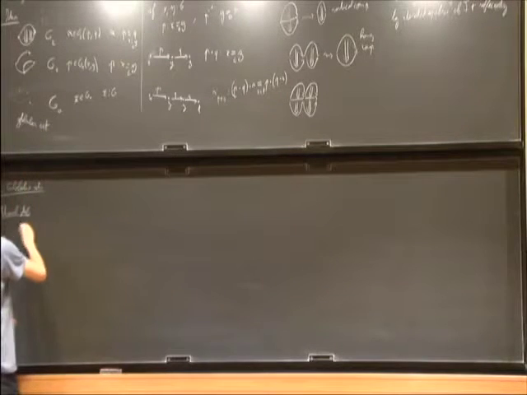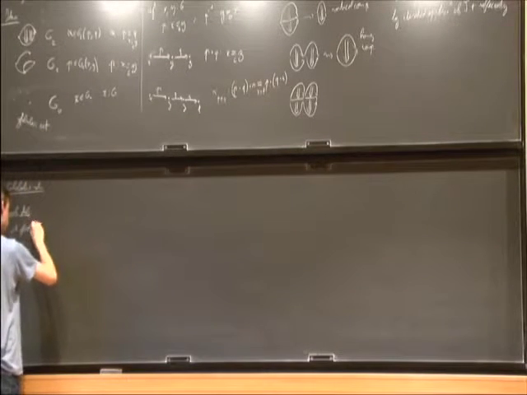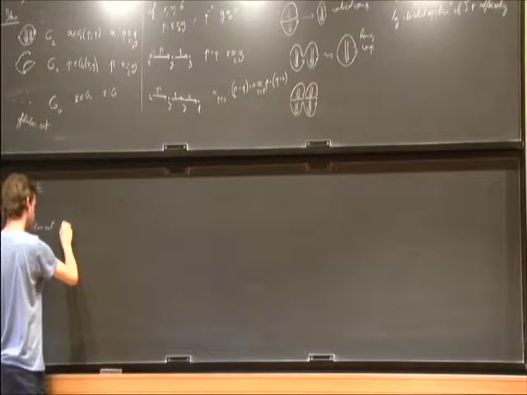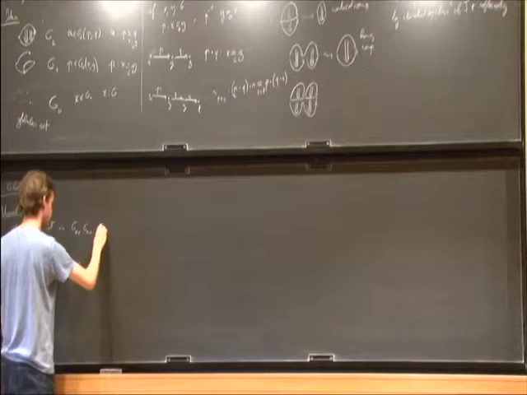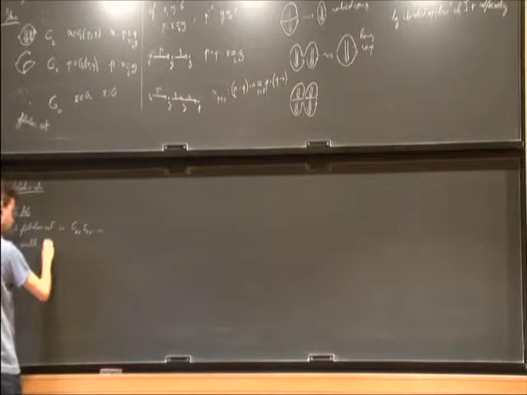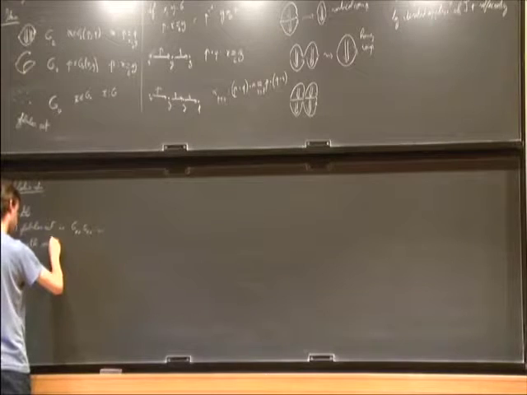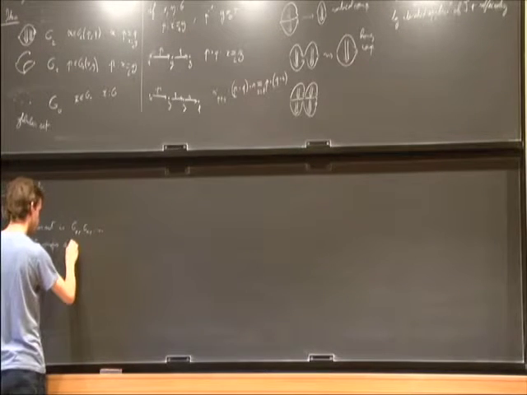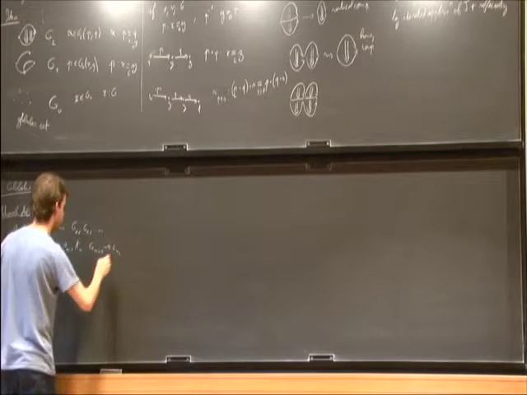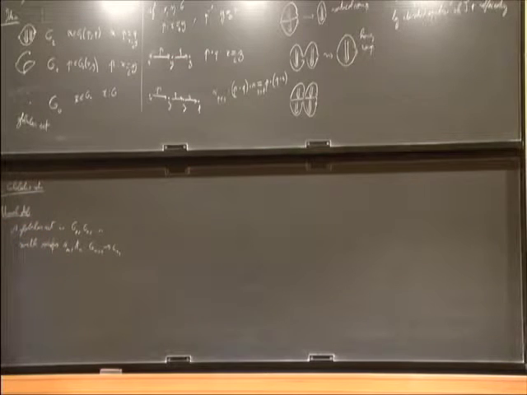You say that a globular set consists of a sequence of sets together with two maps, source and target, which go from G_{n+1} to G_n. So G_n will be the set of all n-dimensional cells, and s_n and t_n will be the source and the target of this n-dimensional cell.